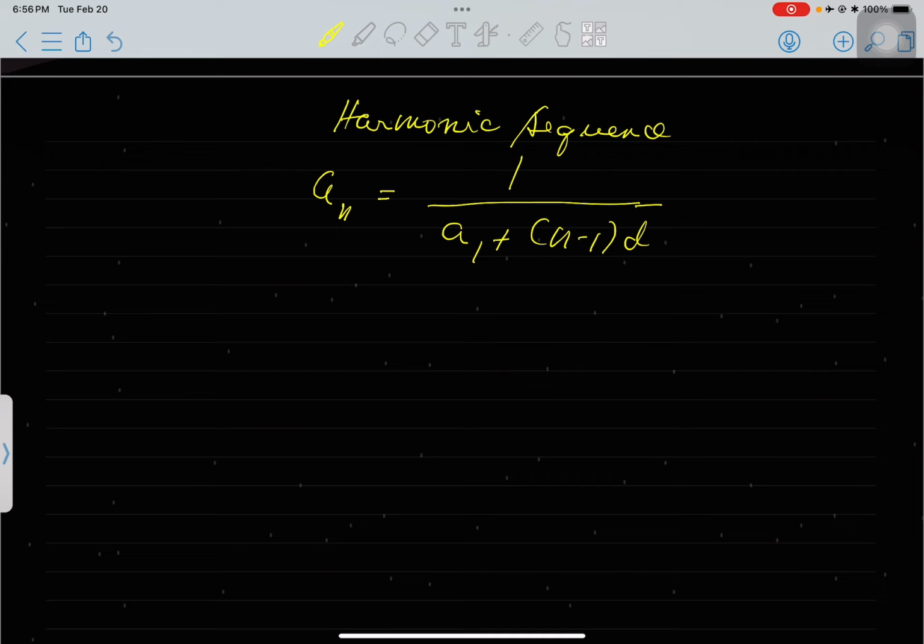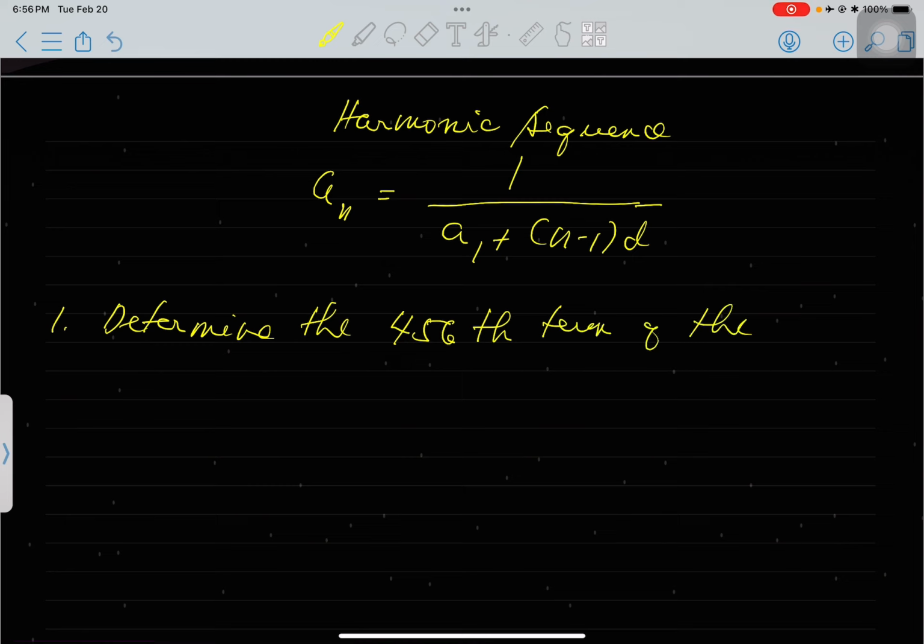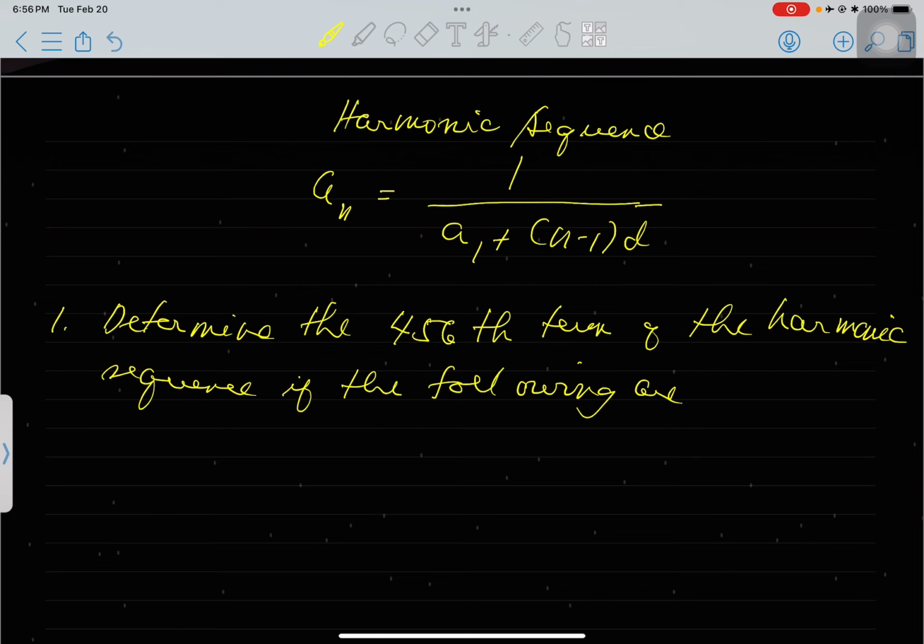Now let us try to find out the unknown. Let's say this problem. Determine the 456th term of the harmonic sequence if the following are its terms.